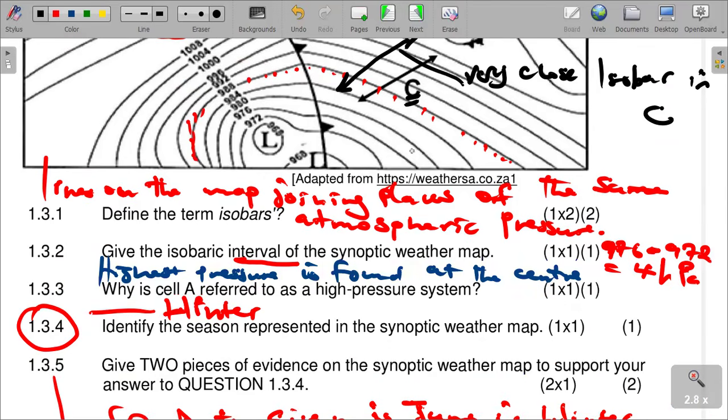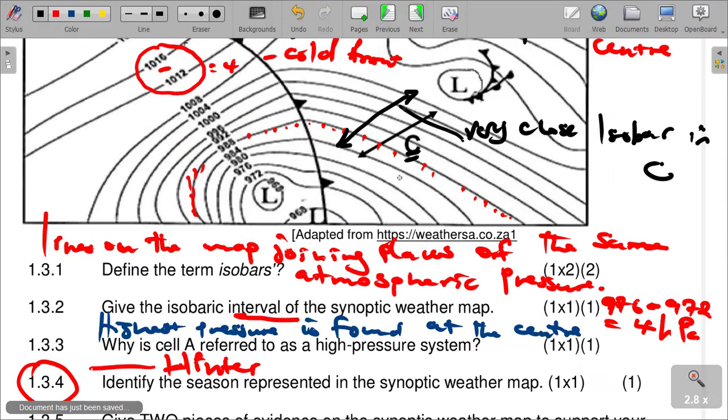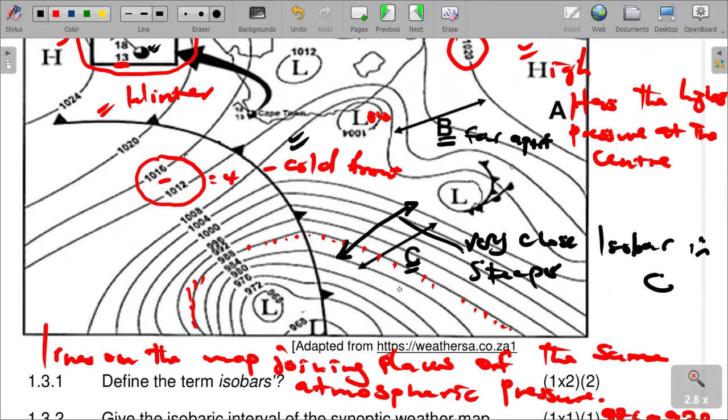As you can see here, the closer the isobars, the steeper the pressure gradient. B is gentle because of the isobars that are there. It shows that it is gentle.